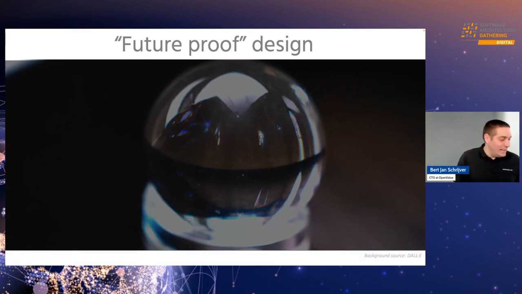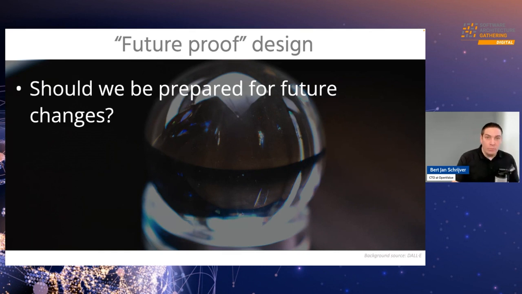So we often say that design is about making things future-proof. But isn't that as simple as asking, can we predict the future? Should we be prepared for future changes? Sure, but last time I checked, we weren't that good at predicting the future. So how do you make code easily prepared for future changes?